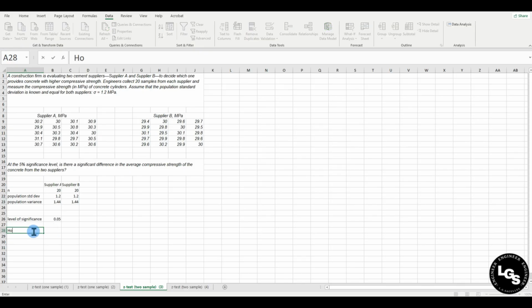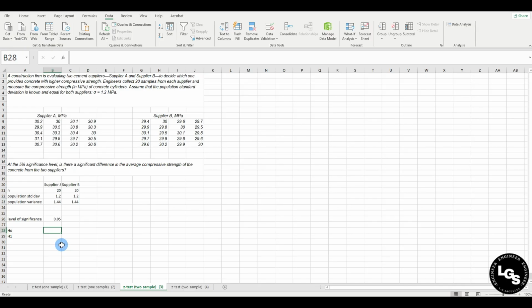So we have the H0 and H1, or the null and alternative hypothesis respectively. For the null hypothesis for two samples, this is always that there is no significant difference between the two samples, so there is no effect or there is no difference.